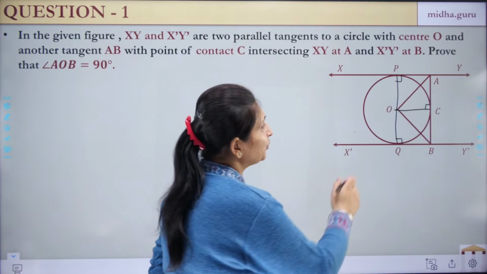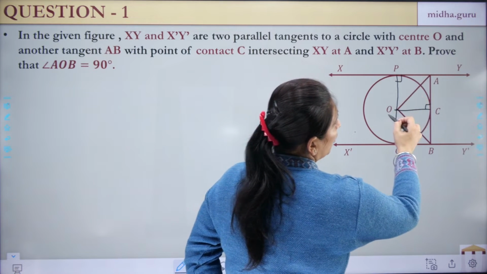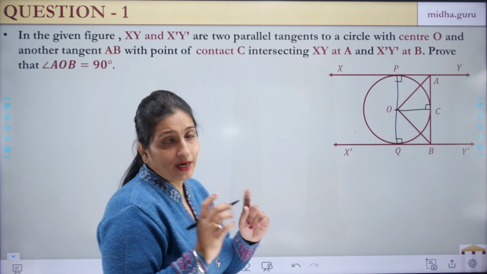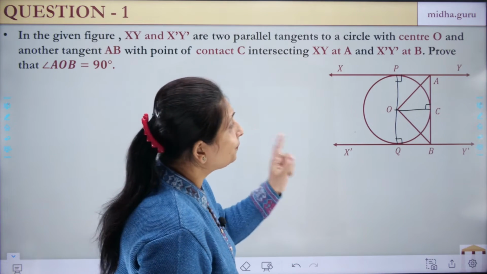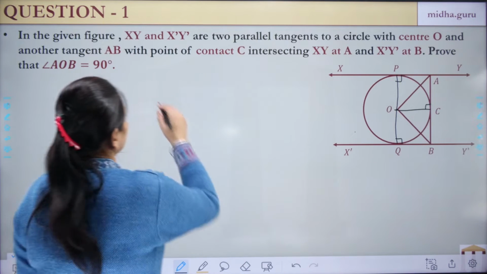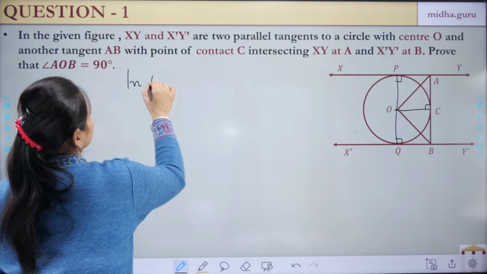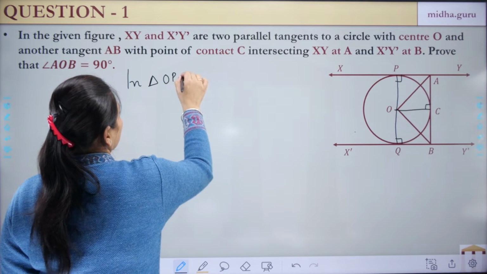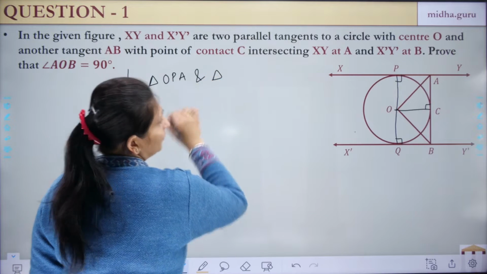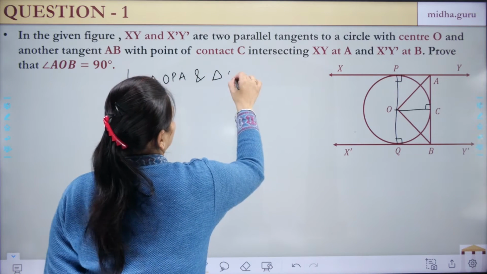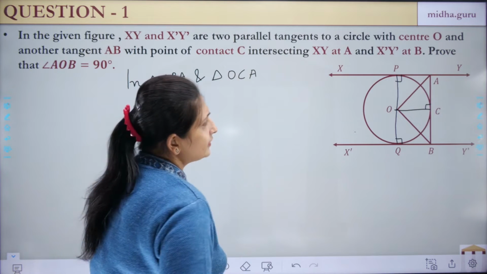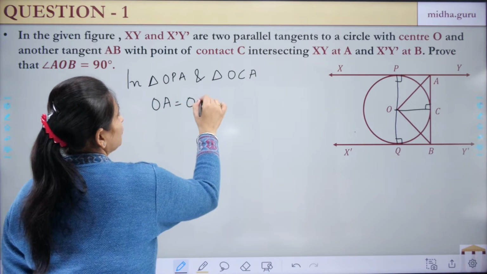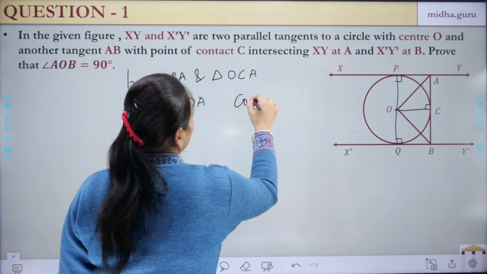Next we'll try to make triangle OPA and triangle OCA congruent. Just take these two triangles and make them congruent. First, OA is equal to OA, which is common.